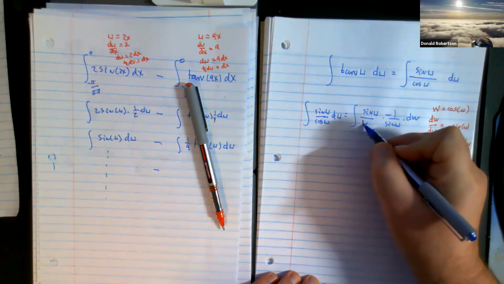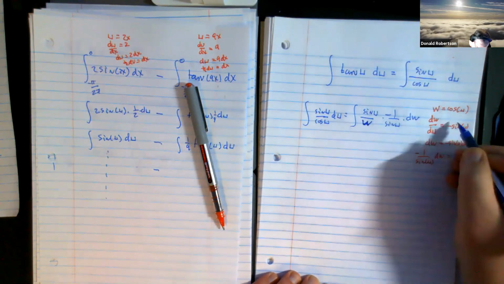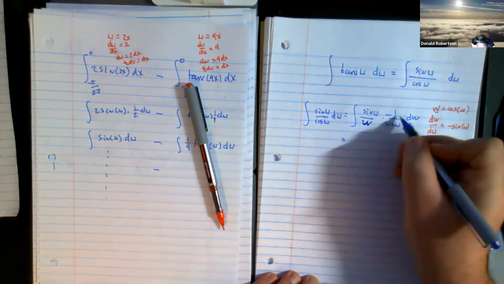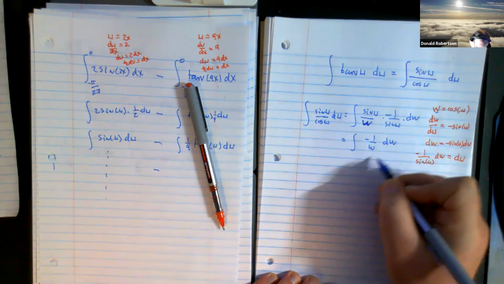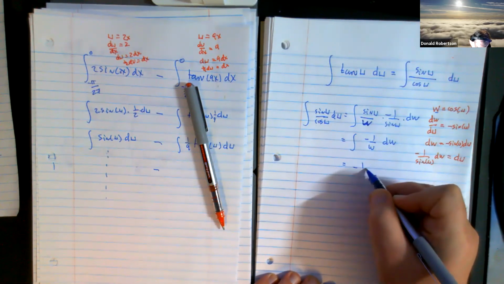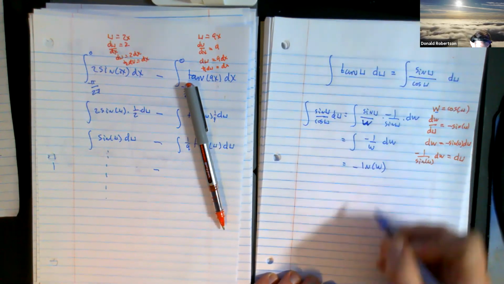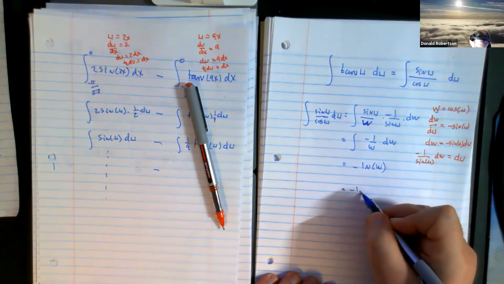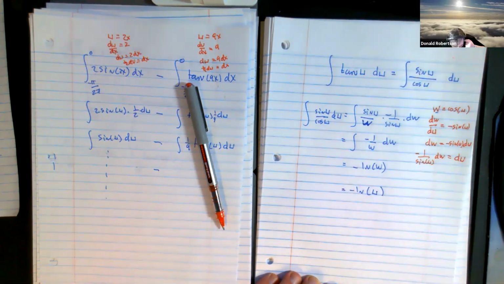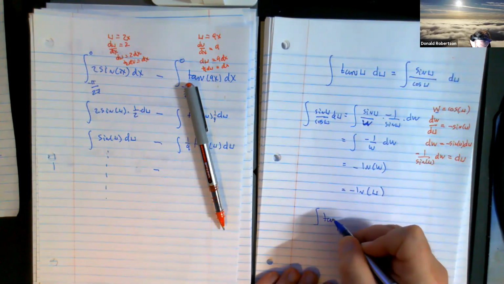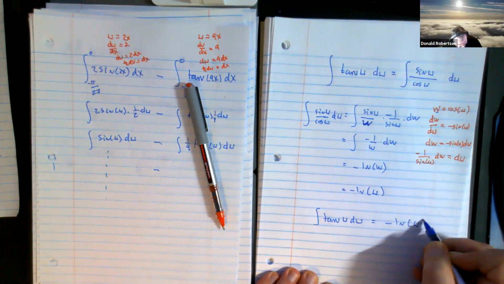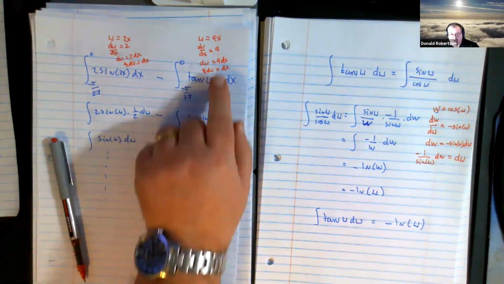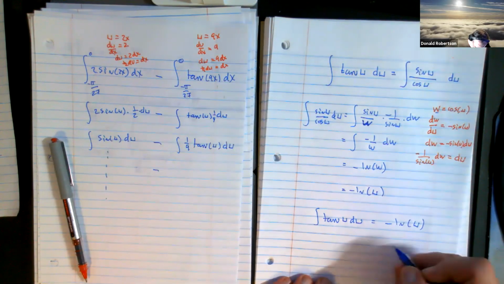I shouldn't have called that u, should have called that w. Remember, it's w. And they cancel, and you get that. That is a log. That becomes that guy. So I now know that the integral of tan u is negative the log of w. And in case we forgot, wasn't u 9x?